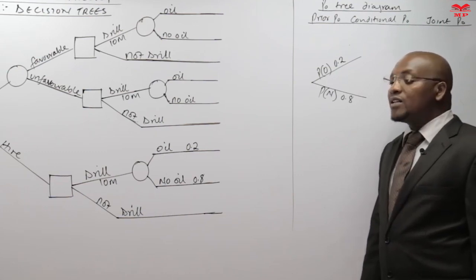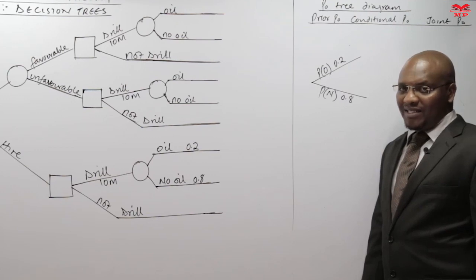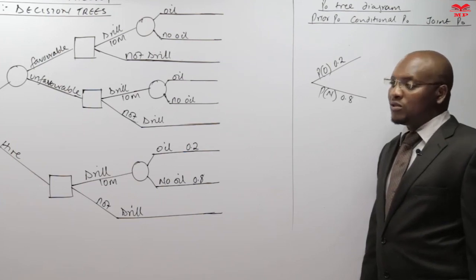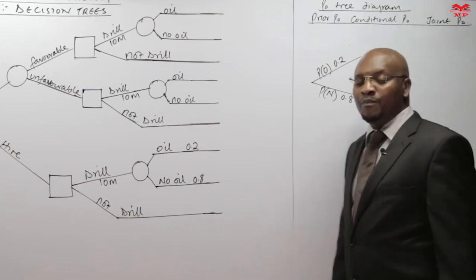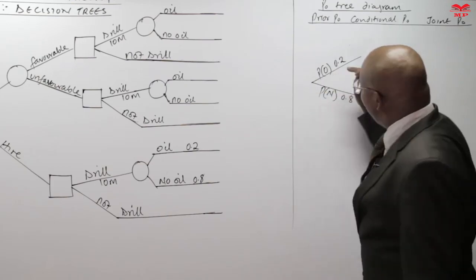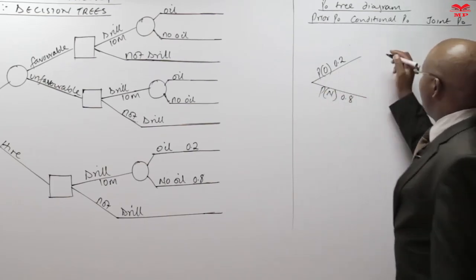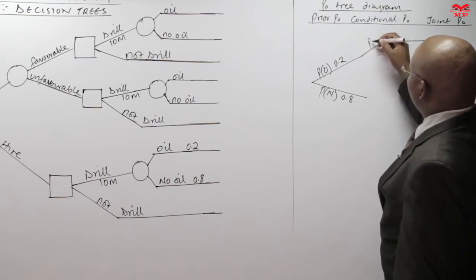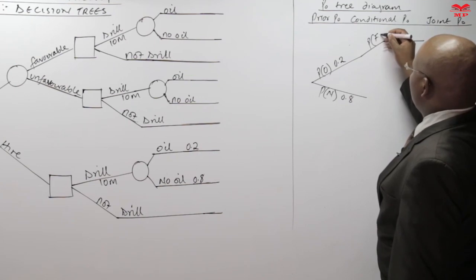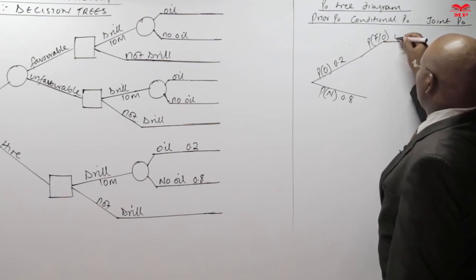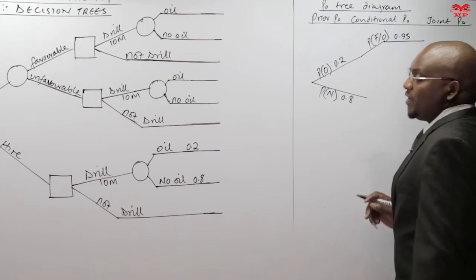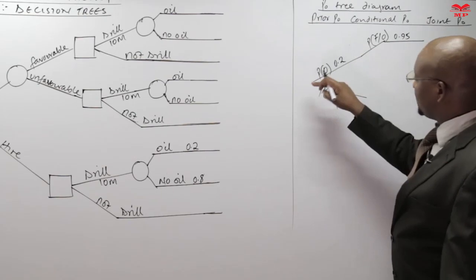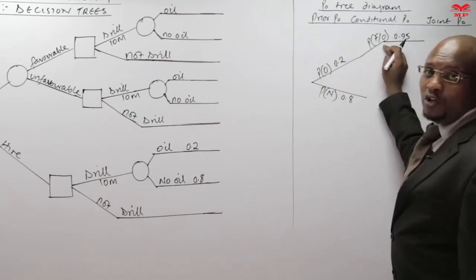We are told that if there is really oil, these consultants can give us a favorable report 95% of the time. So the probability of a favorable report given there is oil is 0.95. That's what we were given. It is a conditional probability.